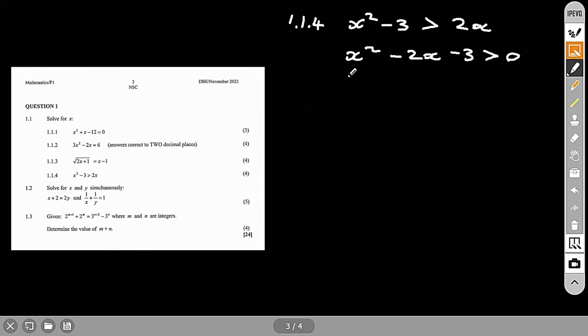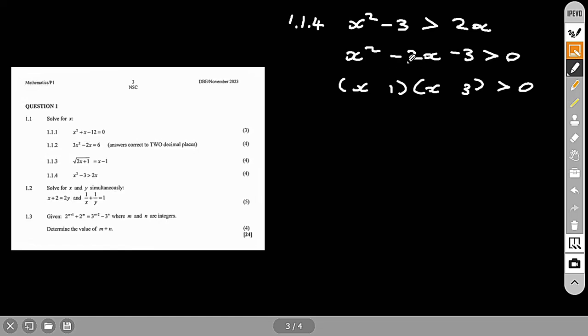Now I factorize. Greater than 0. x. You have to find the factors of 3. That would give us 2. It's 3 and 1. Now the signs. This is negative 3, which means one bracket is negative.